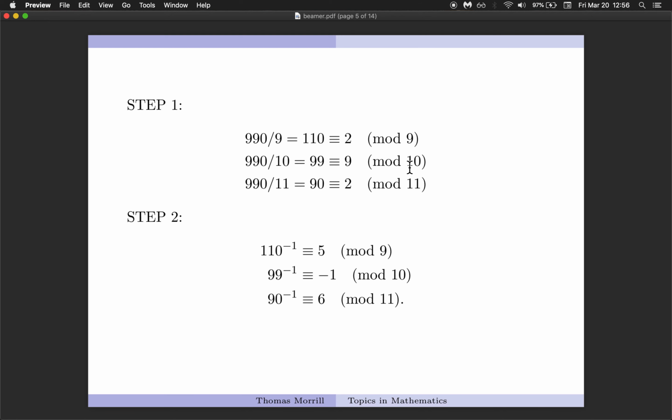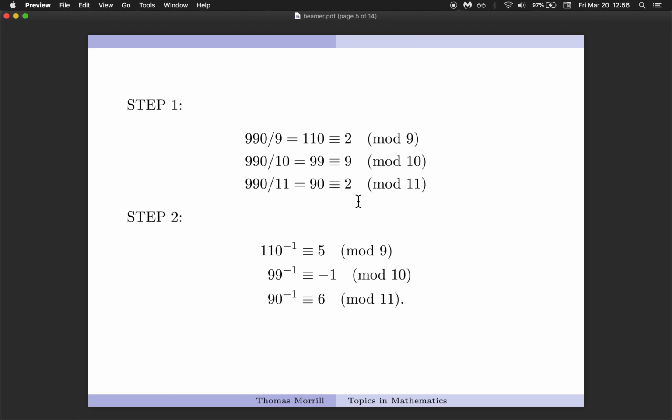When I'm looking modulo 10, I want to find the residue of 99, which is 9 times 11. And when I'm working mod 11, I want to find the residue of 90, which is 9 times 10. That's just the product of all of these moduli, excluding the one that we're working in. So I take my 990, divide out that 10, and find the residue of this number mod 10, and so on. And those residues are respectively 2, 9, and 2.